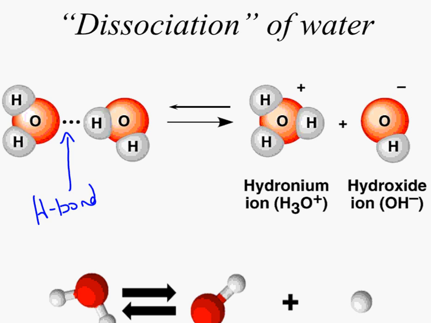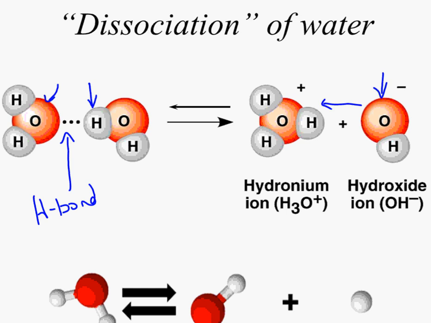What happens with water in solution is this hydrogen here will be so attracted to this oxygen that it will actually pull that hydrogen off, as you can see, and make this thing called a hydronium, or an H3O, and leave something called a hydroxide. Well, as you can imagine, it's also going to pull that hydrogen back off.